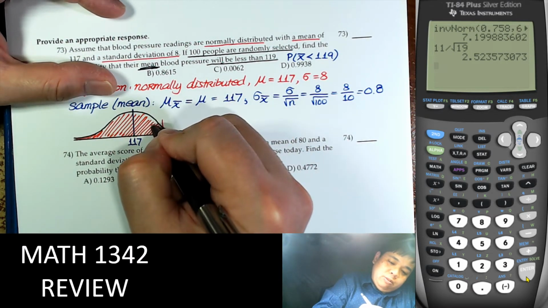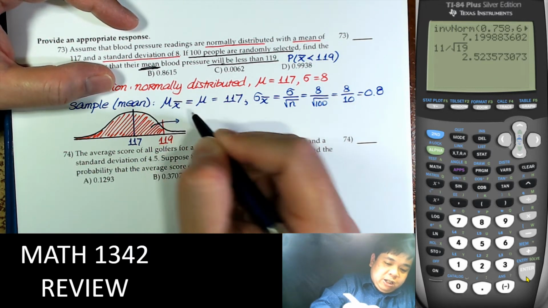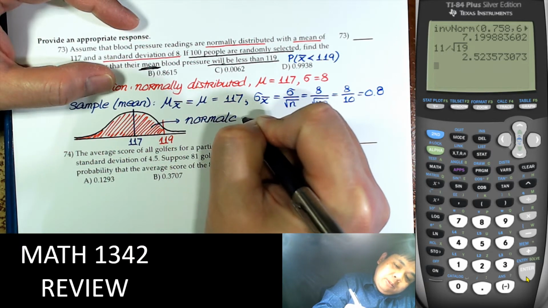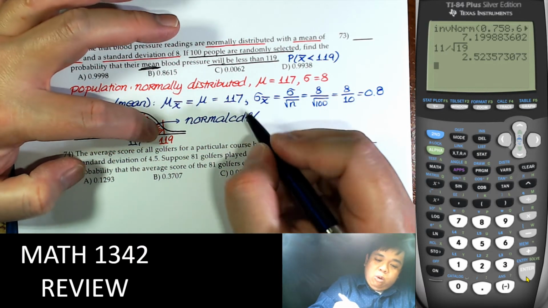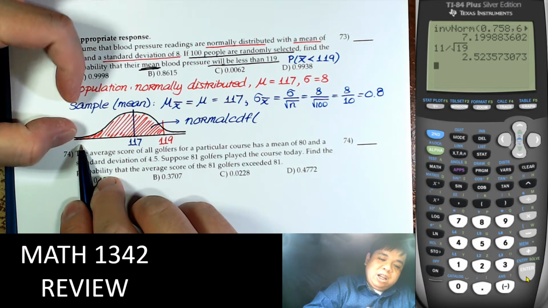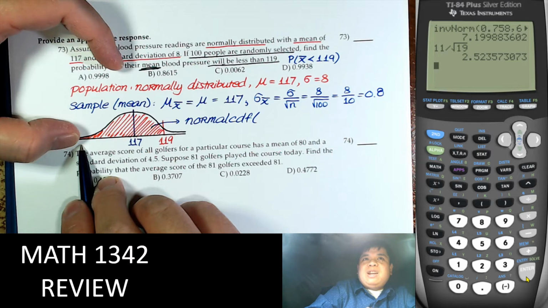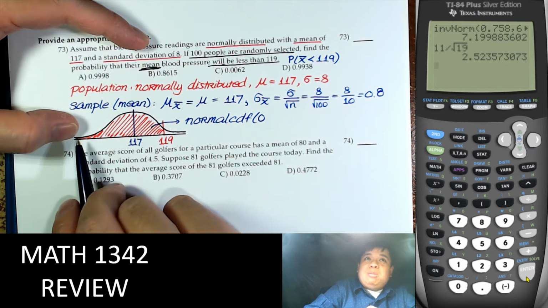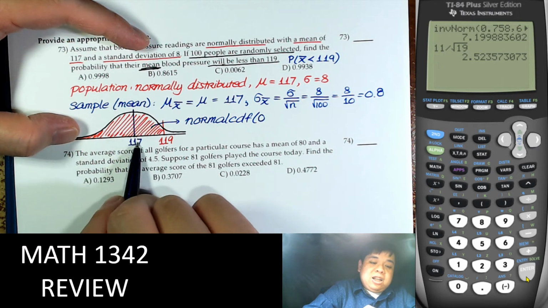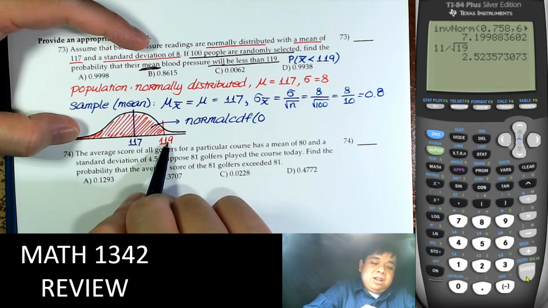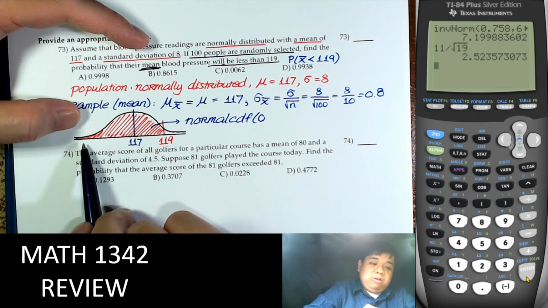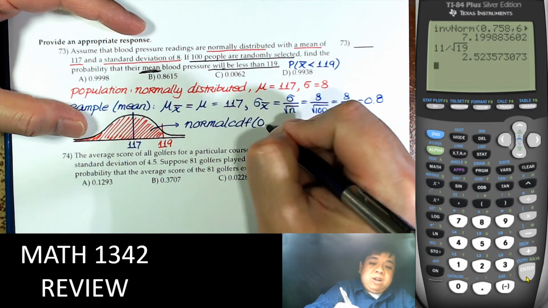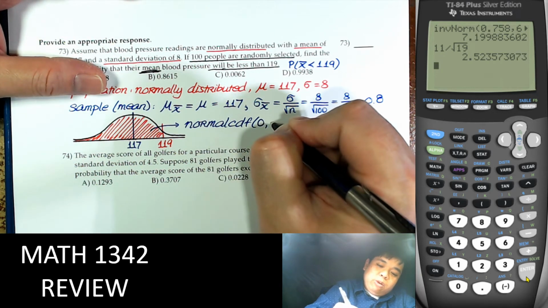To calculate the area, this is going to be normal CDF. We'll go from a very small number. You could use some negative number or just use 0 because the reading cannot go any lower than 0. Again, we choose a number that is significantly smaller relative to the mean, so we have to choose far enough. 100 is not far enough. 0 could be far enough. Any negative number is also fine. So we go from 0 to 119.